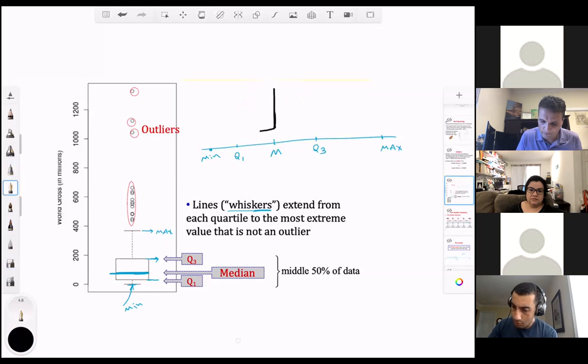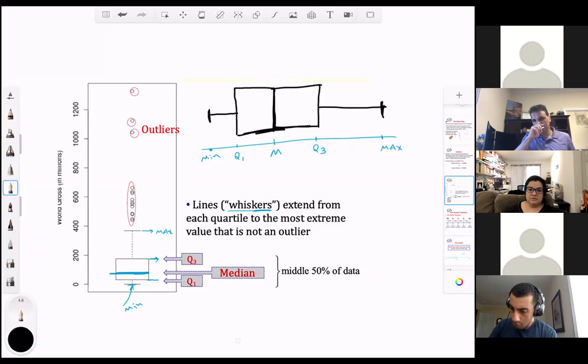You connect this one to Q1 and connect this one to Q3. That has to be a box. And then the line to the minimum and the line to the maximum. Sometimes making data into a box plot is easier to visualize. I made it horizontally, but this example is made vertically, which is fine.